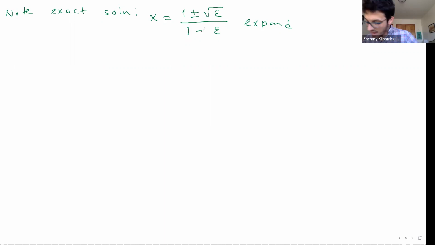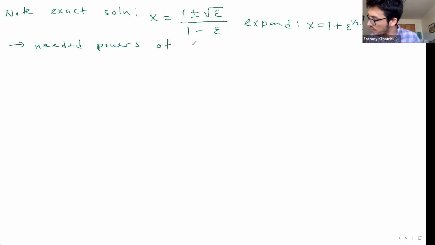And if I expand it using binomial series, I get 1 plus epsilon to the 1/2 plus epsilon to the 3/2 and so on. So I need an expansion that involves fractional powers of the 1/2. So we needed powers of epsilon to the 1/2 in our expansion.